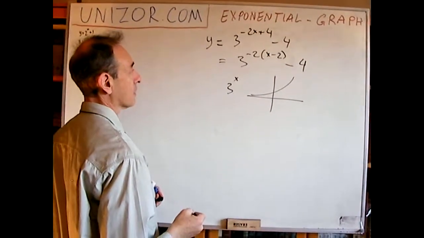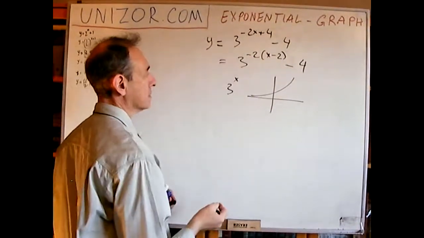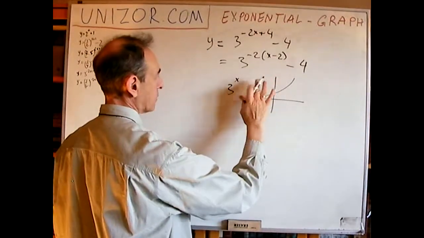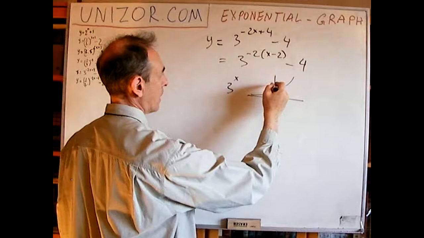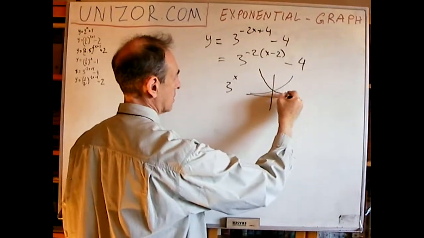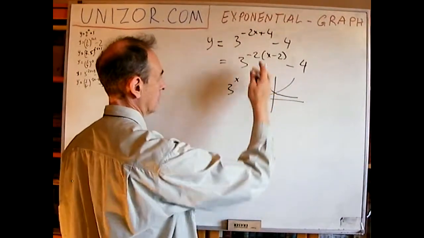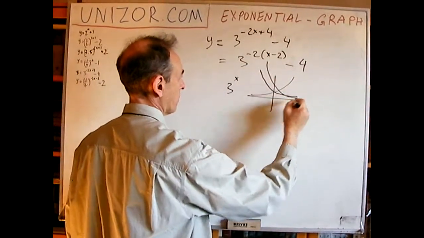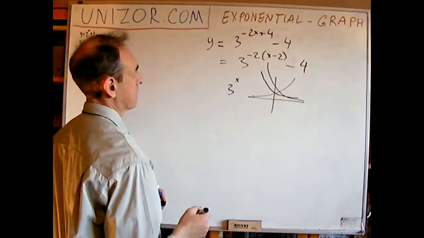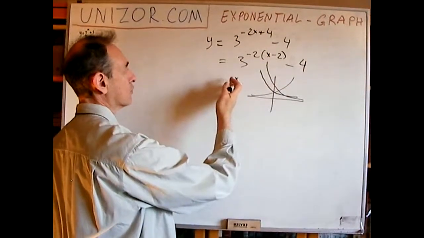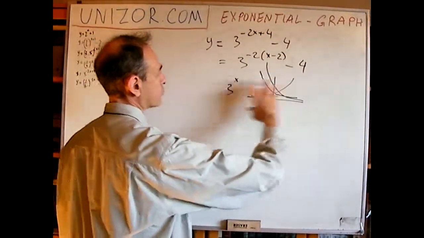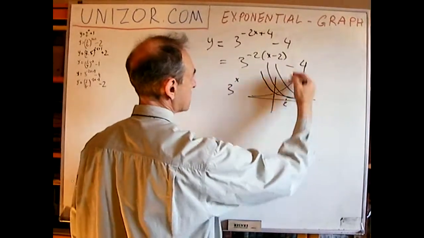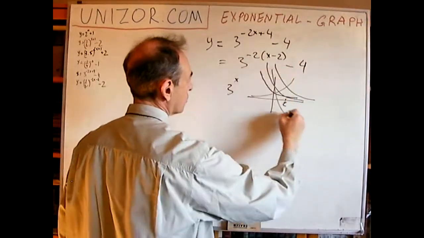Then I would multiply it by -2, which means I would reverse it, I would symmetrically reflect it relative to the y-axis, which is this, and then stretch it vertically by 2, so it would be something like this. Then I would subtract 2 from the x, which means the whole graph should be shifted to the right by 2. So it would be something like this. And then down by 4, so it would be like this.